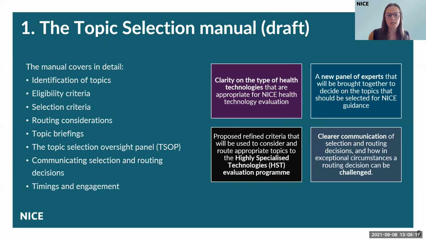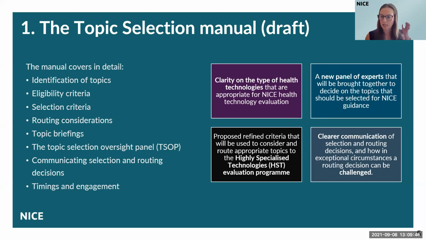So on the right-hand side of the slide here, we've just got four snapshot boxes that really hone in on the four key areas that came out of the consultation held in the autumn last year. And that was clarity on the types of health technologies that are appropriate for evaluation, more questions about the panel and how they select the topics, and proposed refined criteria for the highly specialised technologies evaluation programme.